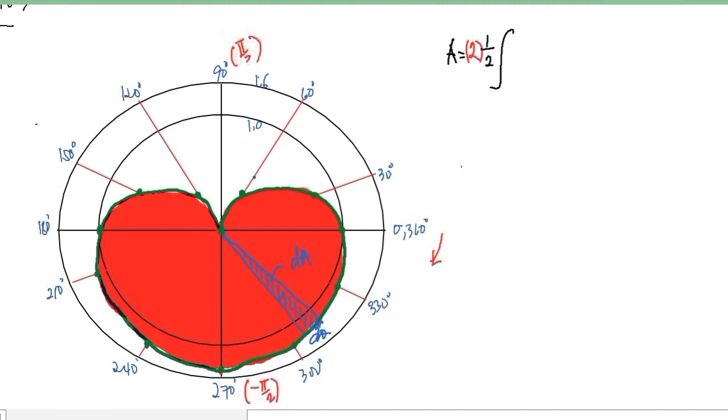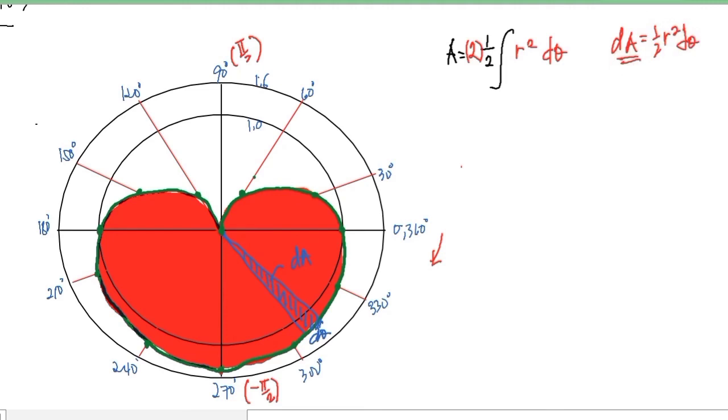Okay? So, we have 1/2, the differential of our area, that is the r squared d theta. Kasi our differential of area is equal to 1/2 r squared d theta. So, ito yung kailangan natin in differential ng area natin.